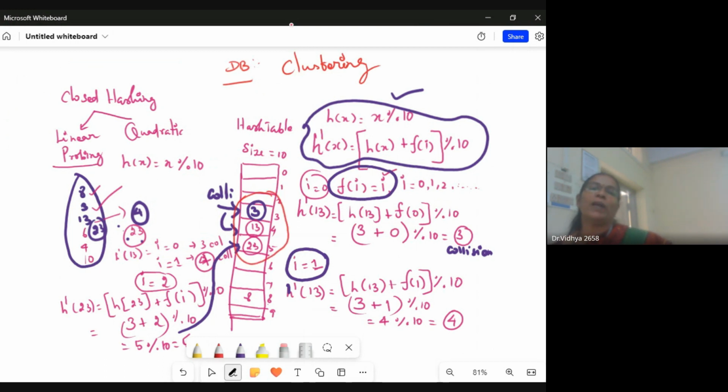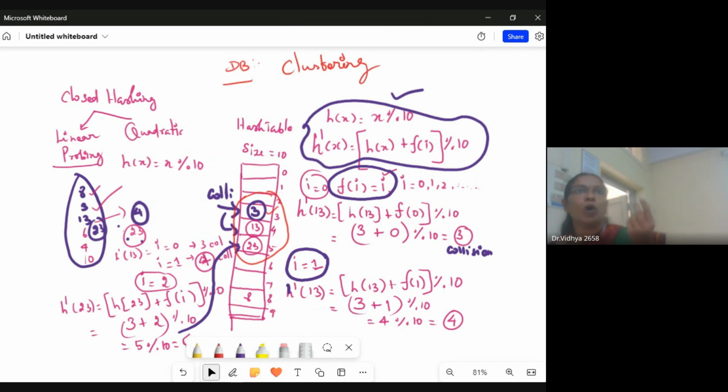Here we have accumulated many elements within a small space. All three elements, 3, 13 and 23, must have gone to position or index 3, but due to linear probing, we have moved to the next positions. This looks like a cluster.